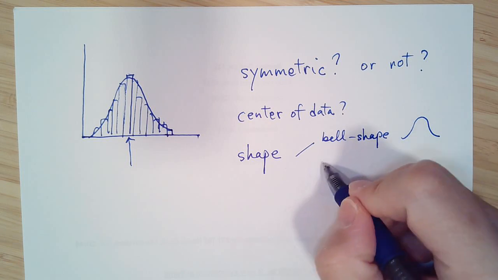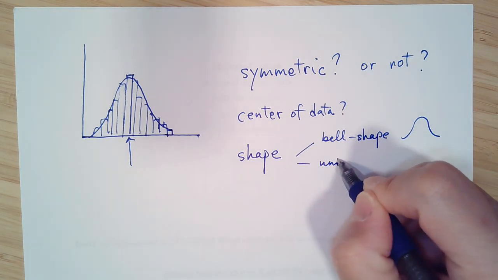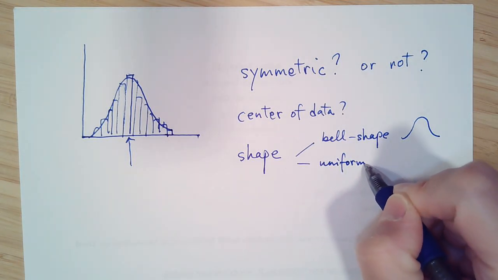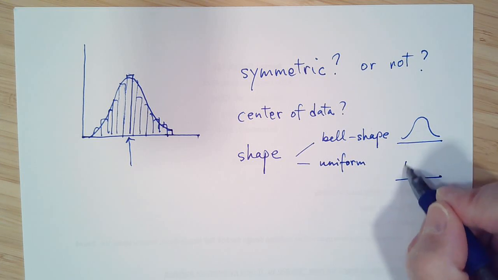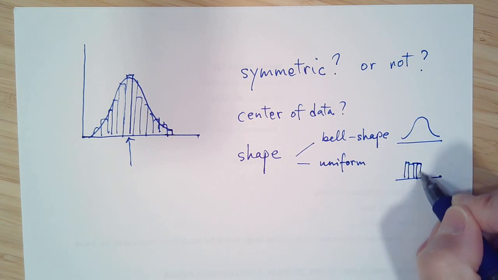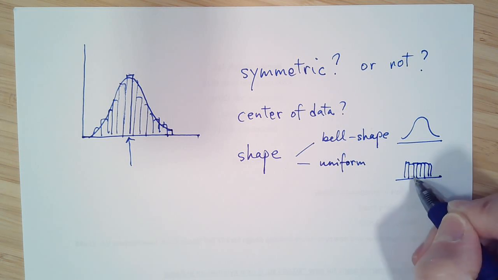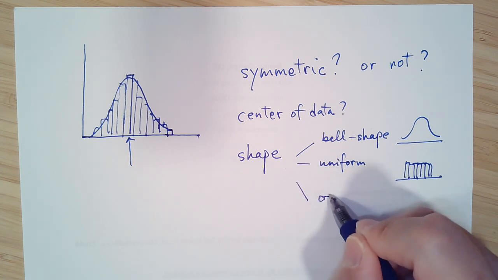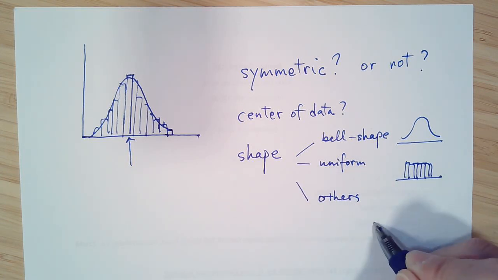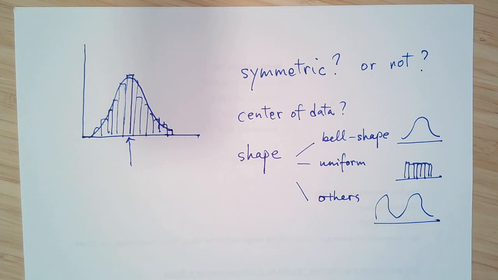Or uniform, which means you have a distribution that looks pretty much the same across. There are some others too, so you just put others. You might have something that looks like this, that's very strange though. So that's the shape.